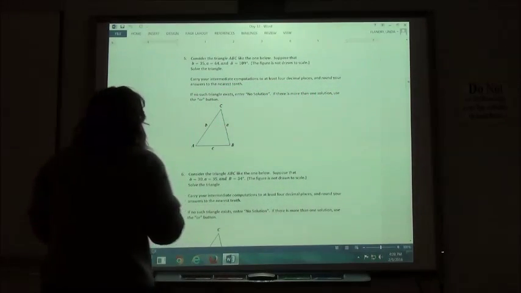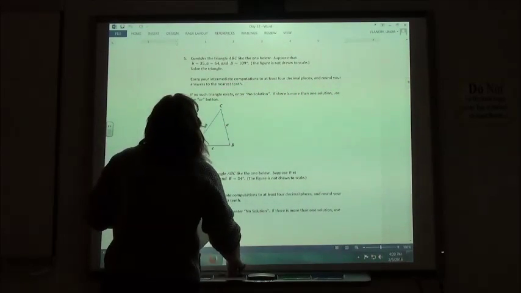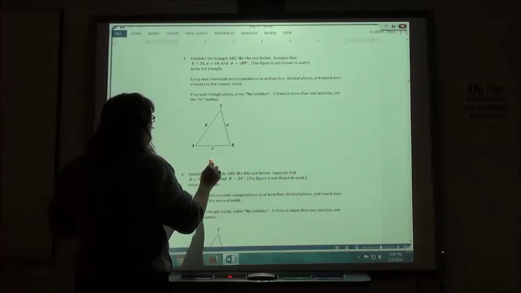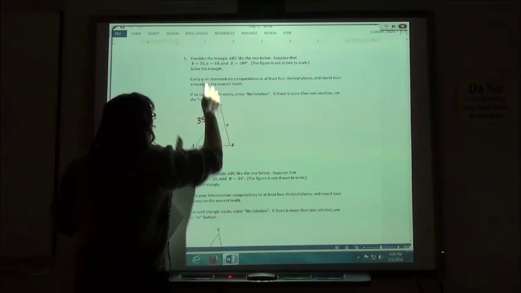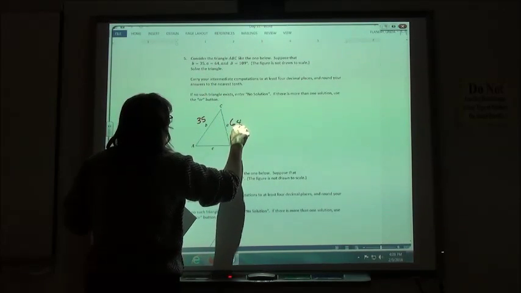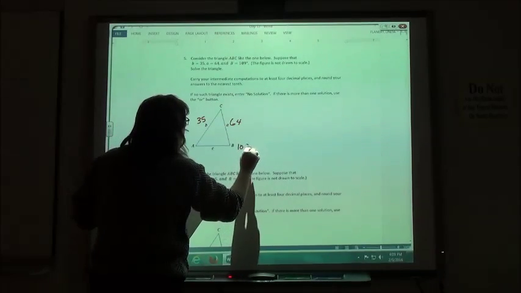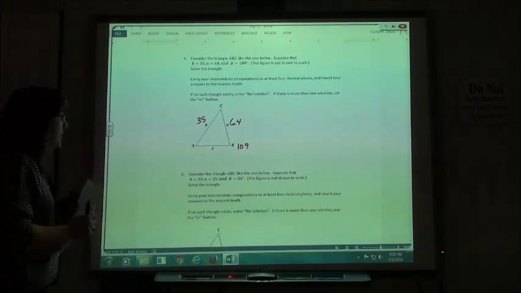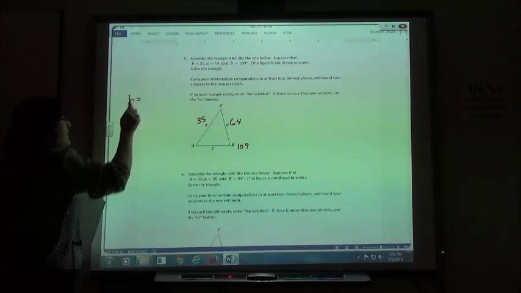So I'm going to keep my paper with my notes handy. On this one, we know that b is 35, a is 64, and angle B is 109. First thing we're going to do is figure out what h is.